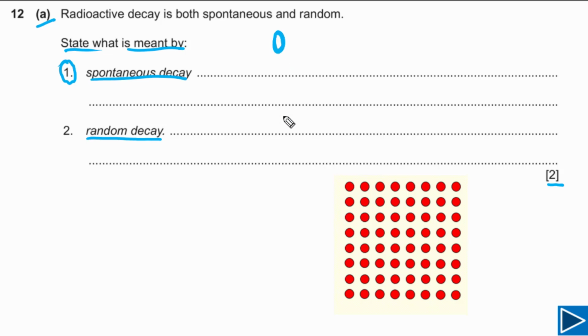By changing temperature or pressure or other factors, we cannot increase or decrease the rate of decay because it is independent of external factors. When the time comes, it will simply decay. So that's the reason radioactive decay is spontaneous in nature.